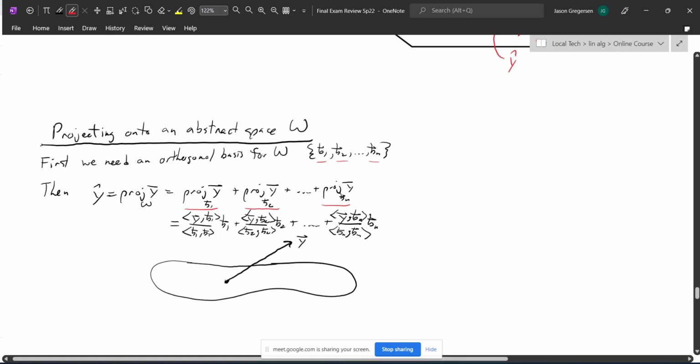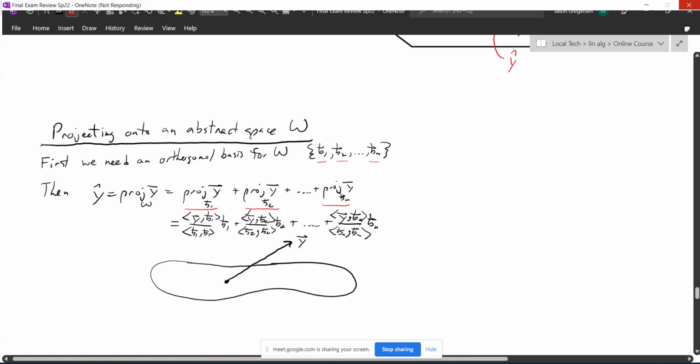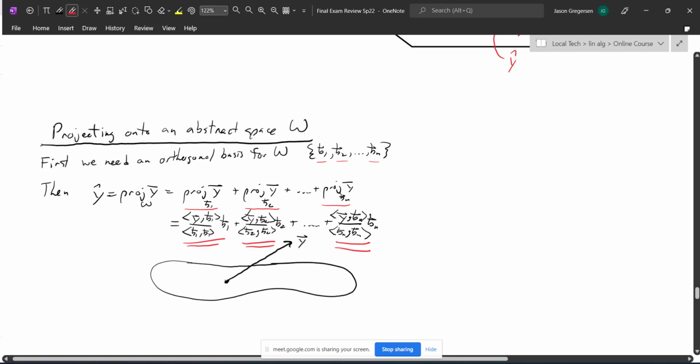But now those individual projections would be defined using whatever inner product I'm using in the space. But the image, the graphical representation, is pretty much the same. I'm projecting my y onto my abstract space to get y hat, and then if I want to, I can calculate my y perp as y minus y hat. So that's really the progression of this.